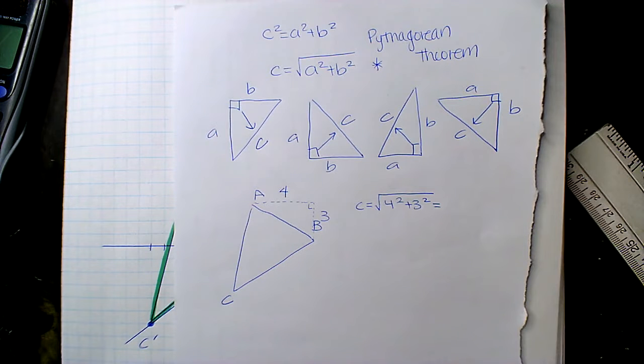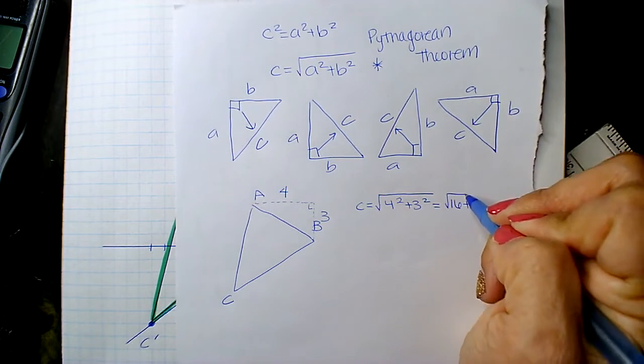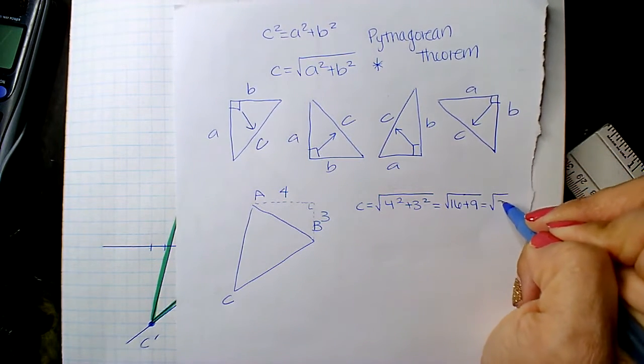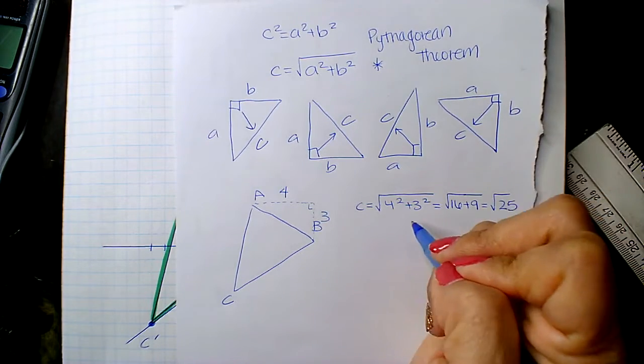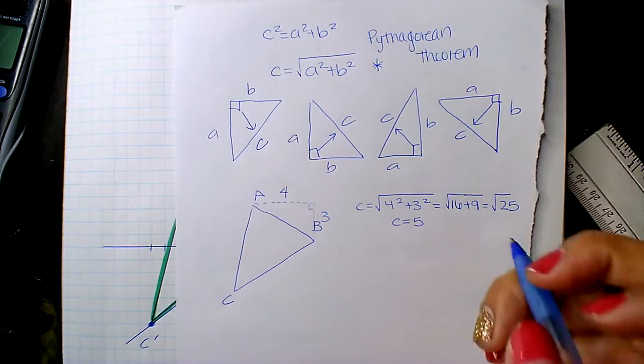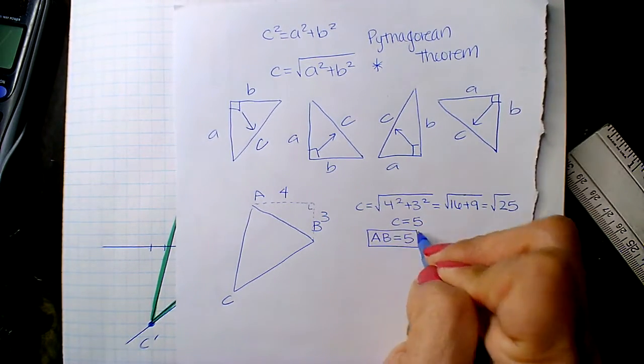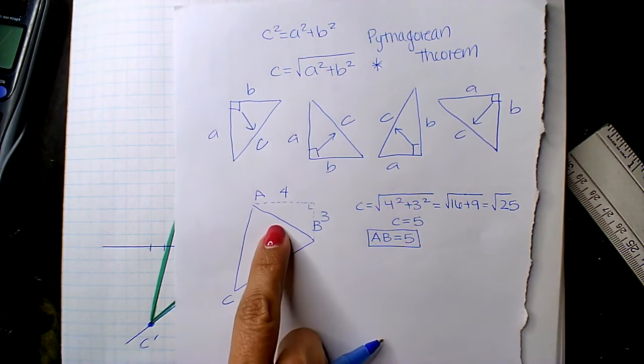My hypotenuse is the segment AB. So then what is 4 squared, 3 squared? 16 plus 9, which is the square root of 25. And the square root of 25 is just 5. So if my hypotenuse is 5, that means AB is 5. So this is 5.